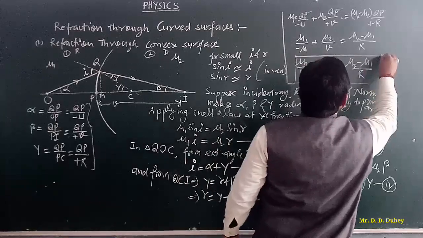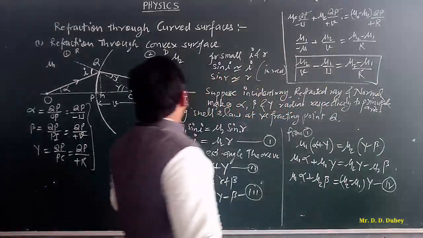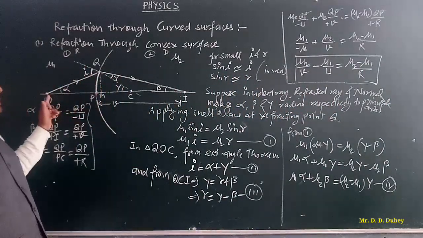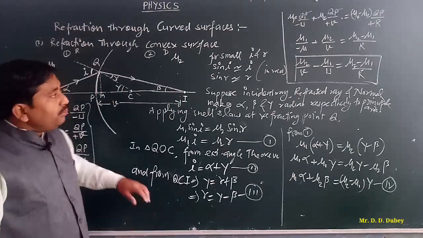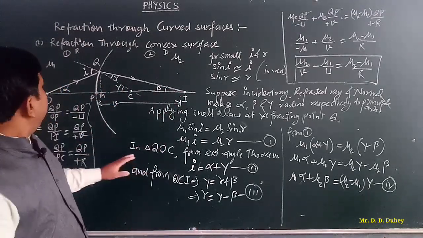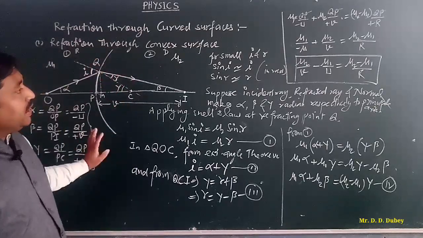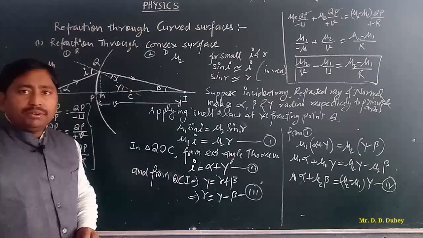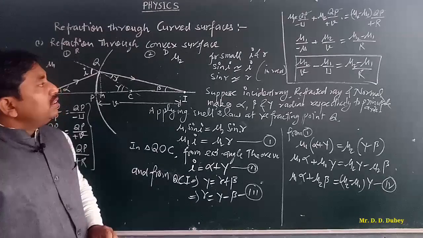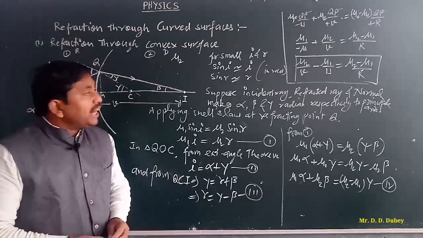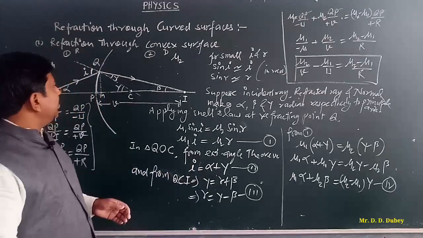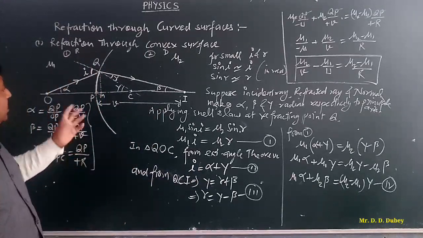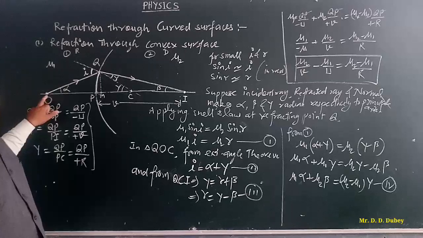This is the important relation between the object distance, image distance, and the radius of curvature, which we have derived with the help of this figure or geometrical configuration. Now let us solve different numerical problems and also derive an expression for the transverse magnification, because we have chosen this object as a point object.